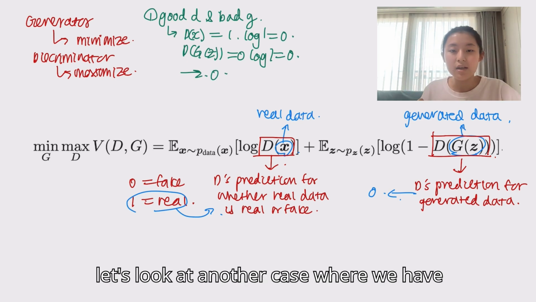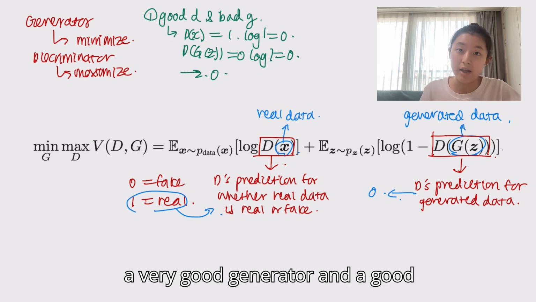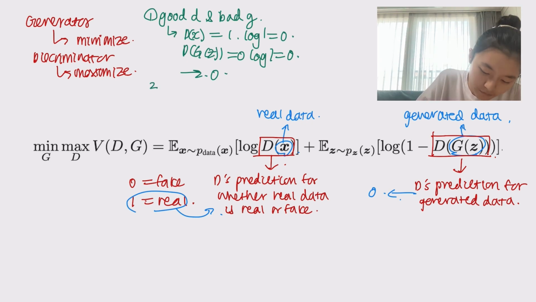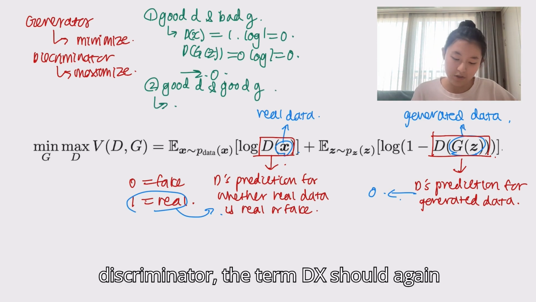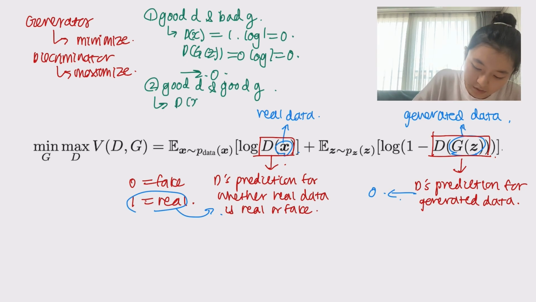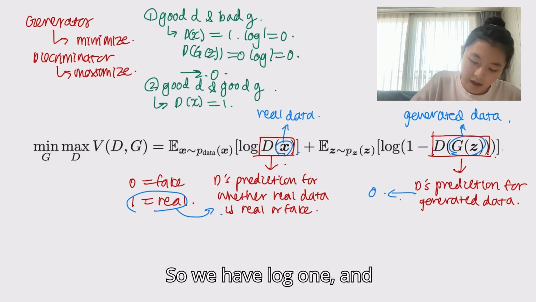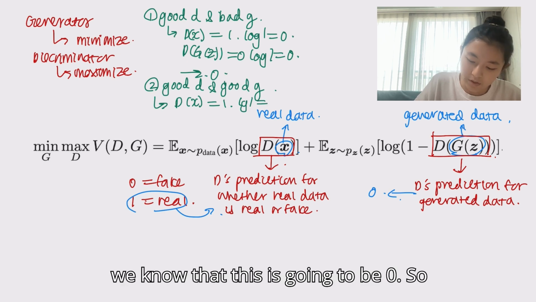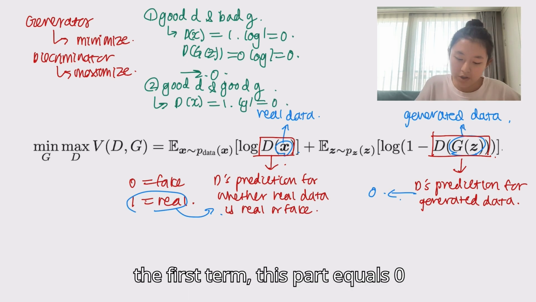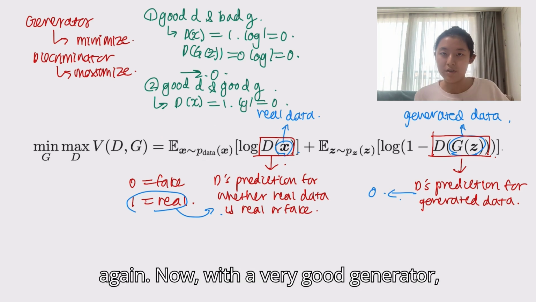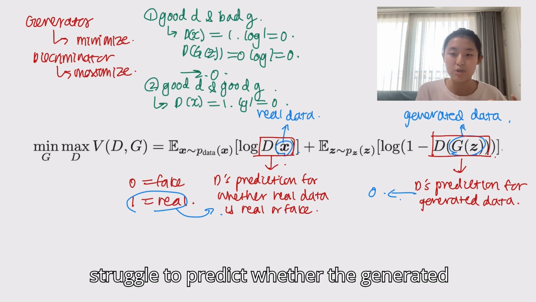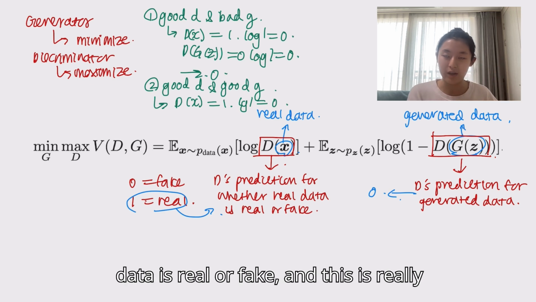On the other hand, let's look at another case where we have a very good generator and a good discriminator as well. Now, in this case, with a very good discriminator, the term D(x) should again be 1. So we have log 1, and we know that this is going to be 0. So the first term, this part, equals 0 again. Now, with a very good generator, the discriminator will effectively struggle to predict whether the generated data is real or fake, and this is really important.